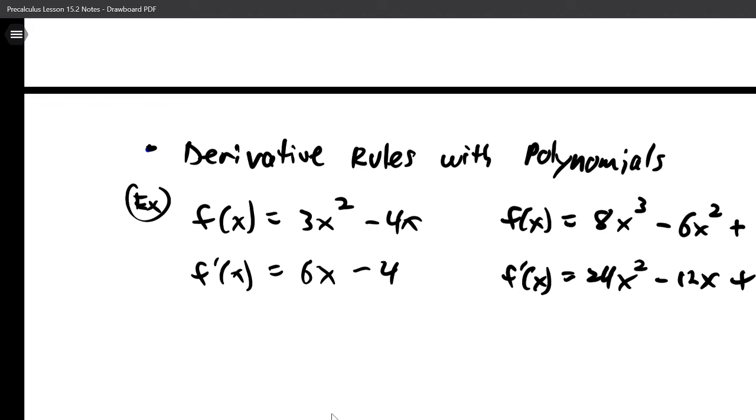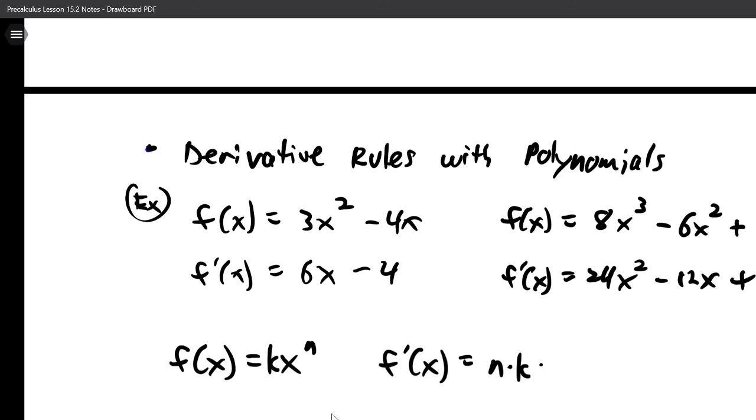So first of all, we could say if f of x equals k x to the nth, then f prime of x equals n times k x to the n minus 1. So the exponent times the coefficient, and then the power drops down 1.